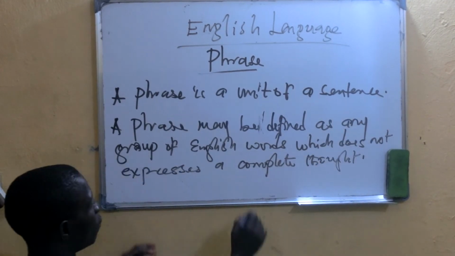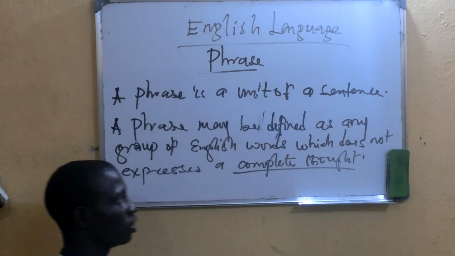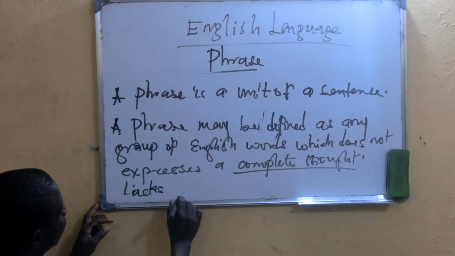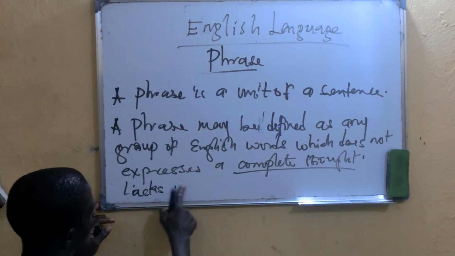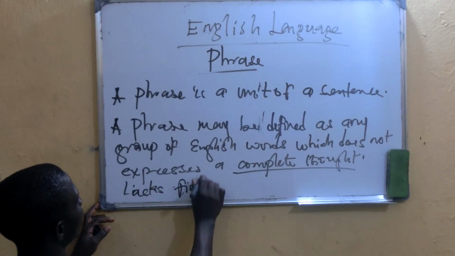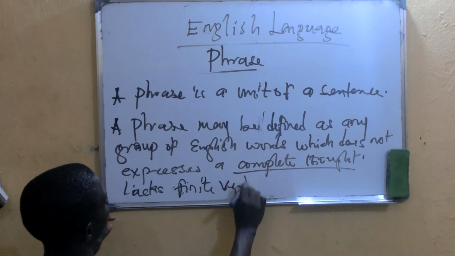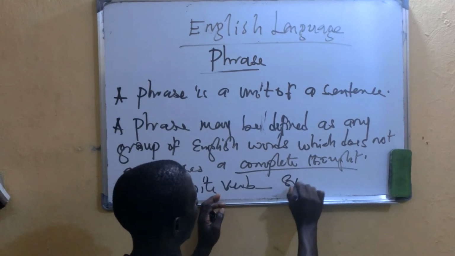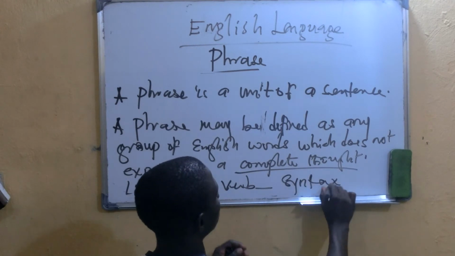And the reason why a phrase cannot express a complete thought is because it lacks what we call a finite verb. And most of the time, a phrase cannot be analyzed in terms of syntax.